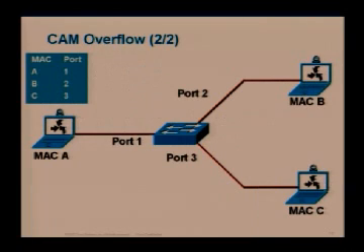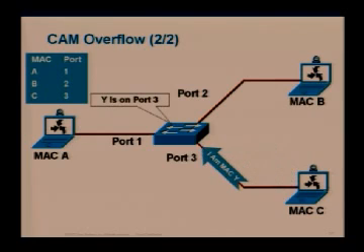So let's say this is the CAM table from our previous slide. We have a completely fully populated CAM table. In this scenario, assume that my CAM table has a size of 3, so it can only hold 3 MAC addresses. So what does this guy try to do here? He's trying to say, I am MAC address Y. He's spoofing the MAC address, sending a bogus MAC address.